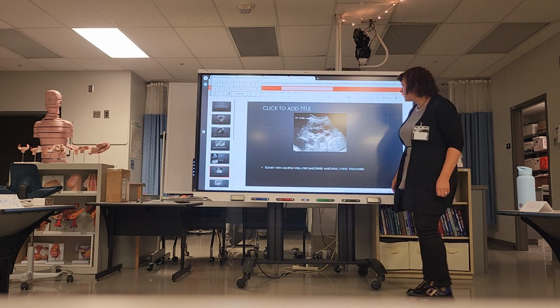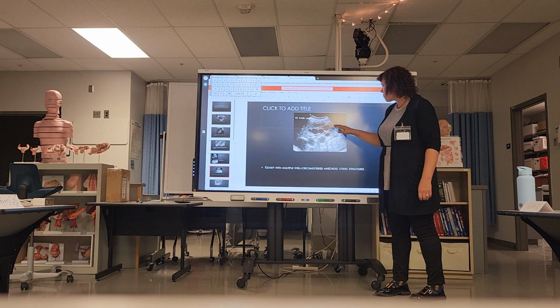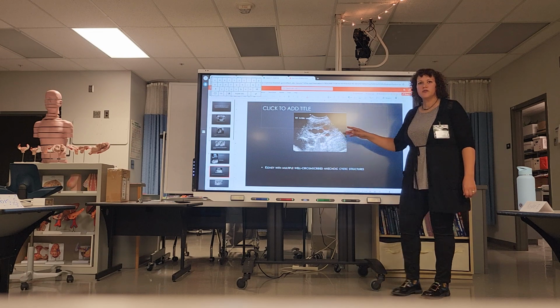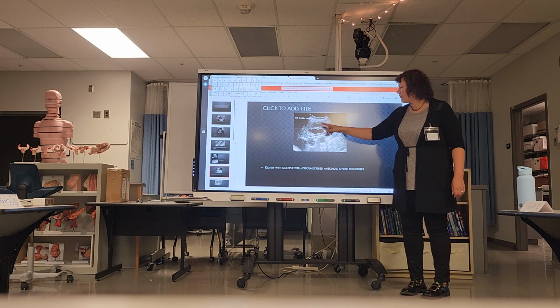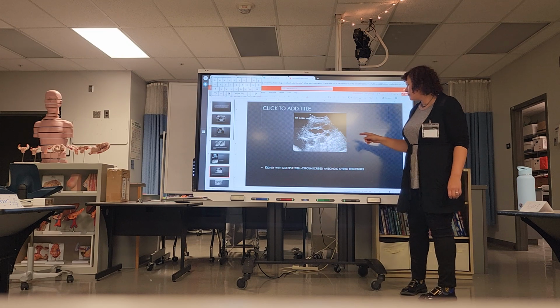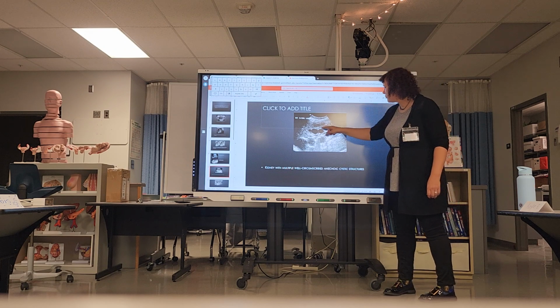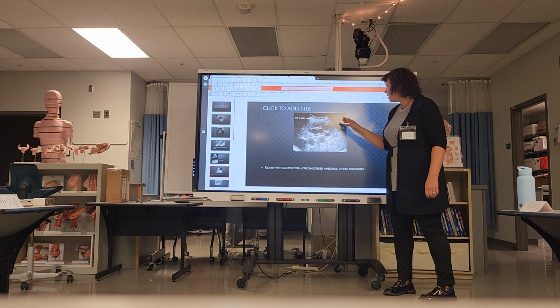All right, and then this is a kidney that has cystic disorder. So eventually, all these cysts will take over the kidney. This is a kidney that has multiple well-circumscribed cysts within it.